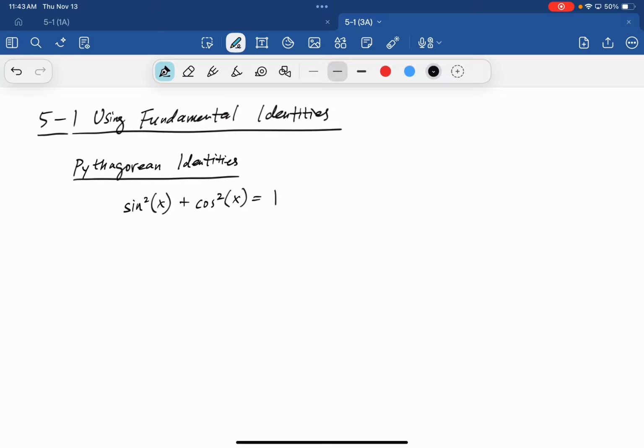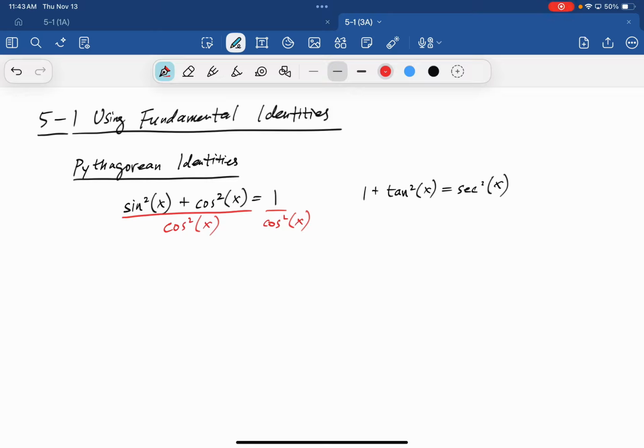The second one, maybe some of you have this memorized. 1 plus tangent squared is equal to secant squared. This is very easy to derive. All we do is go back to sine squared plus cosine squared, and divide both sides by cosine squared.